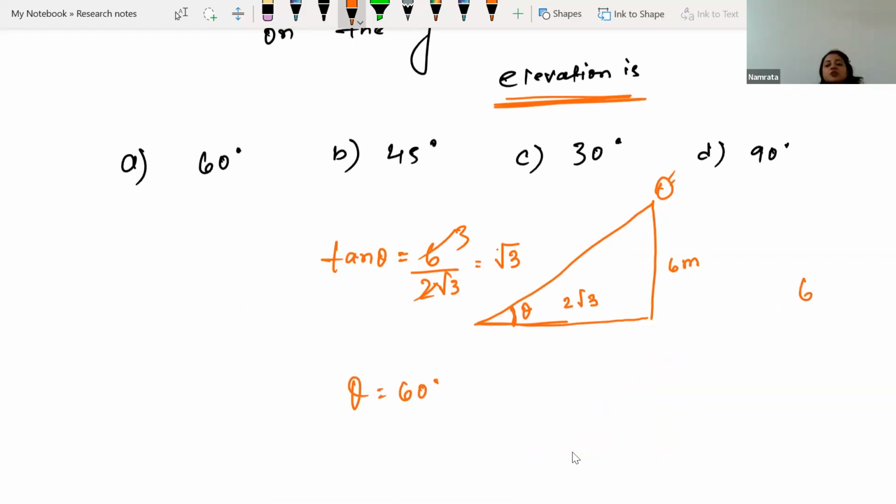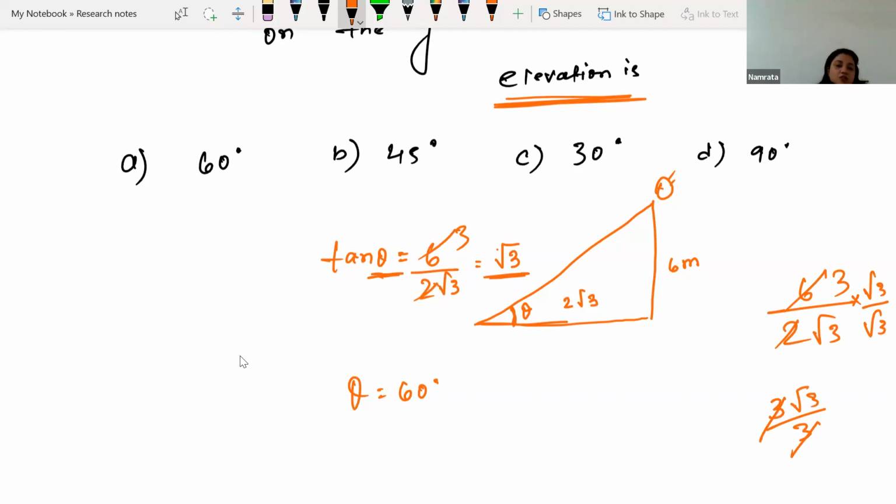If you cancel 6 over 2√3, you can cancel like this. If you understand 3 means √3 into √3, then you can cancel them out. Otherwise, you can do the rationalization also. Your wish, whatever feels convenient to you. So we will have 3√3 by 3 only. That means √3 came out, which means the angle will be 60 degree over here.